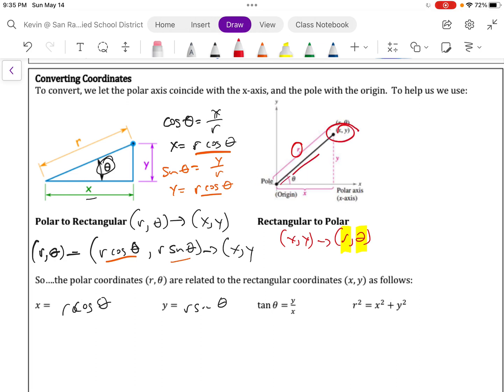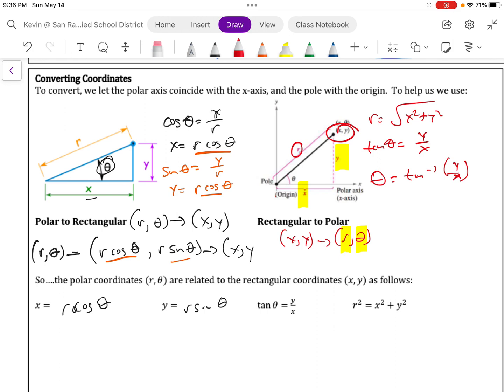If this point is x and y, and this is our pole or origin, then r is going to equal the square root of x squared plus y squared. And for the angle theta, knowing that we have x and y, tangent theta equals y over x. Therefore, theta equals arctan of y over x.